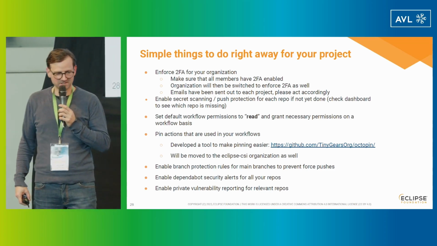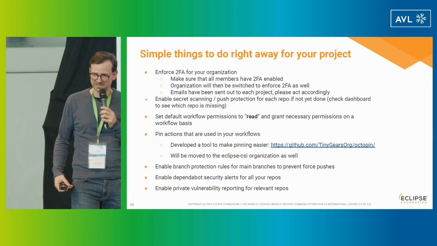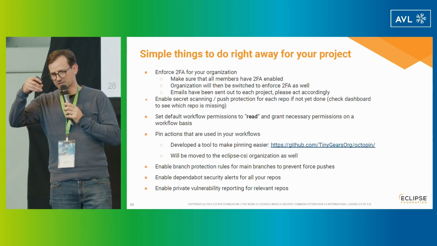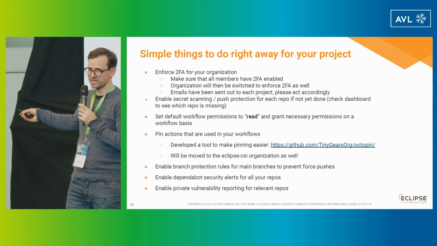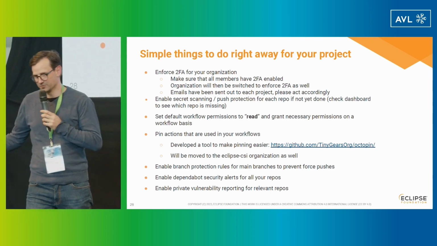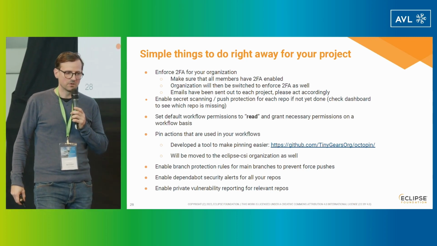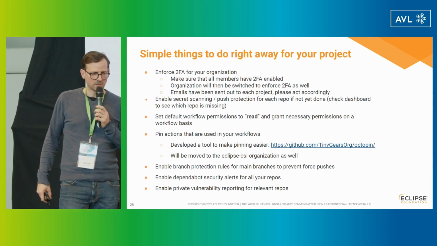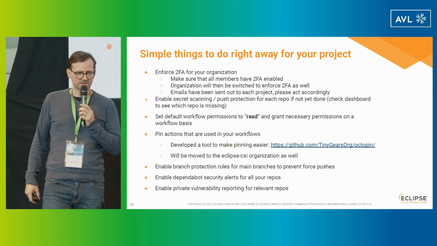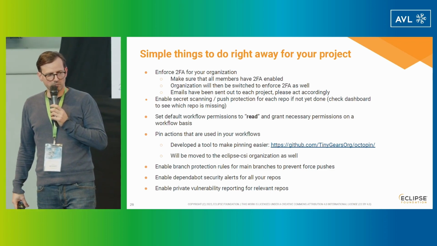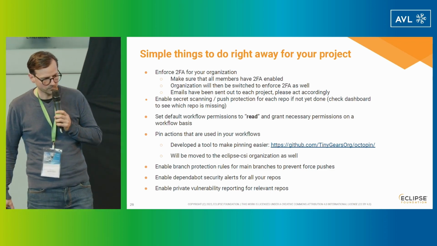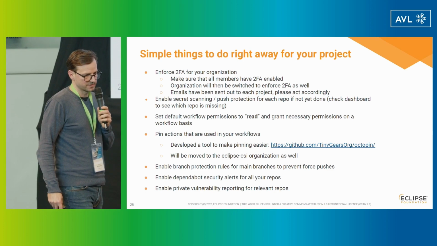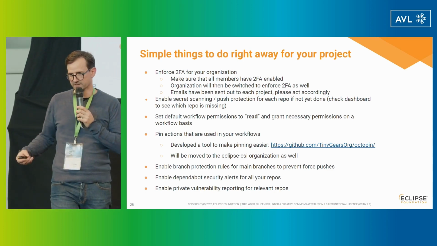And you can imagine that this is not really a best practice, because in many cases this token is passed on to third-party actions, and you don't know what they are doing. I think a year ago they changed that so that they now support setting the default workflow permissions to read, and you can grant the necessary permissions on a workflow basis.